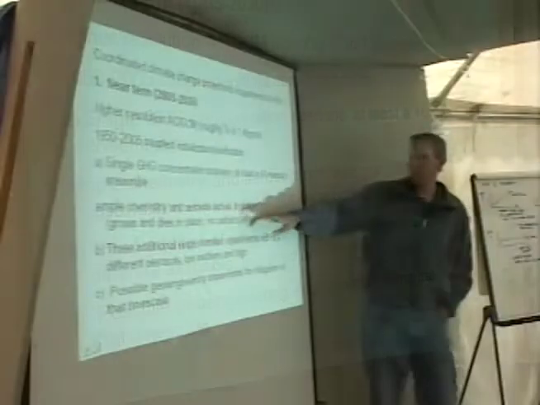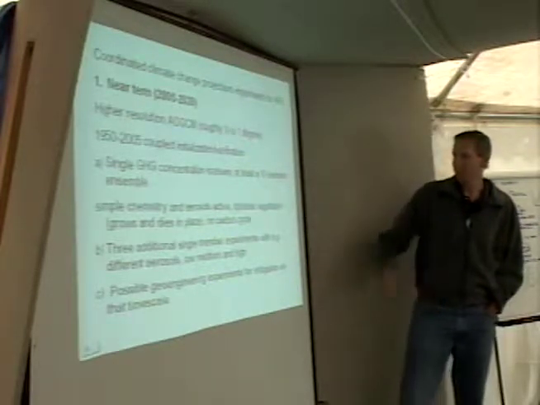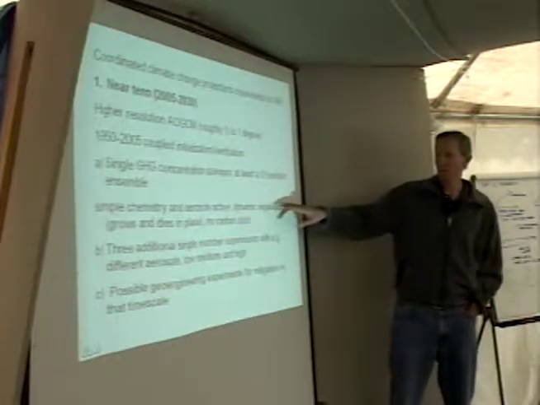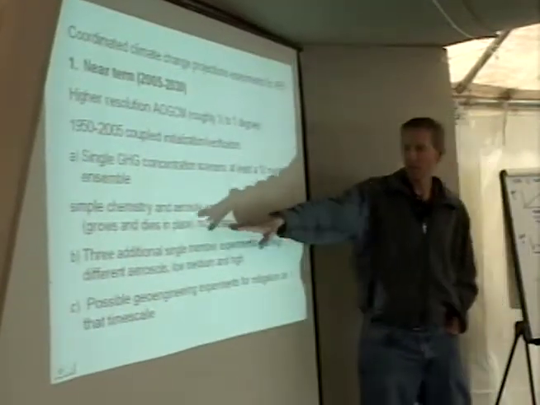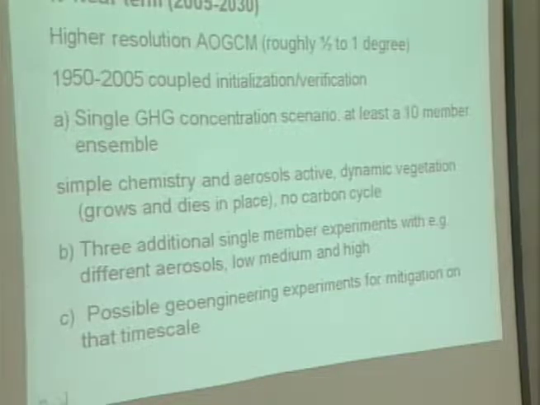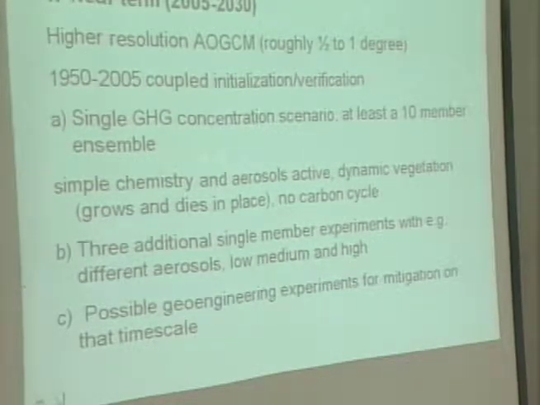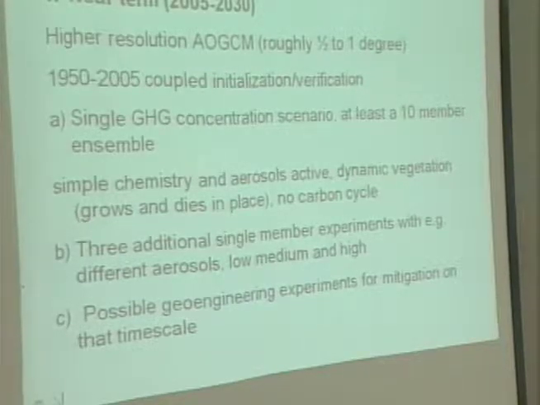And then the idea would be that the simple chemistry and some kind of aerosol scheme would be active. There'd be dynamical vegetation. In this interpretation, it would kind of grow and die in place. So I guess there wouldn't be succession or biogeography, because those seem to be acting on longer time scales. Do you think that's appropriate? So your definition of dynamic vegetation sort of implies biogeography.